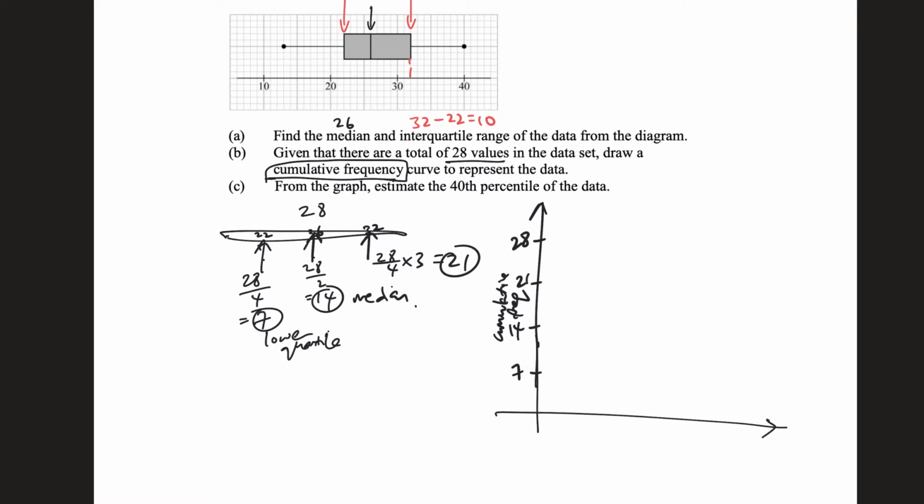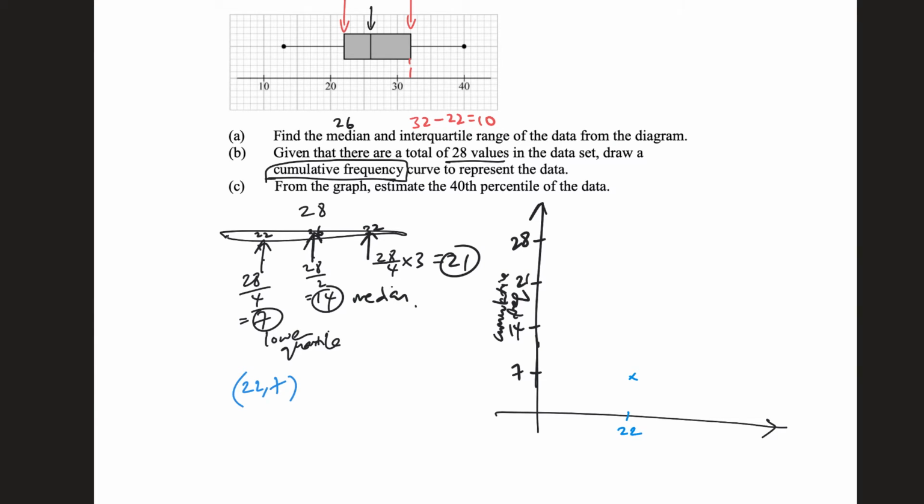So my point here really is that the point I'm plotting is 22, 7. Because when my y-axis is 7, the value on my x-axis is 22. So I'm just going to put it here, 22.